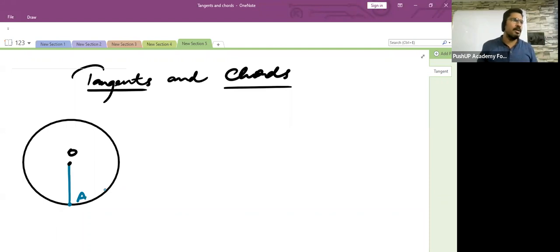What is a tangent? Forget about physics. You have already done tangents in school. What is a tangent? Boundary. Online students also be ready with the answer.